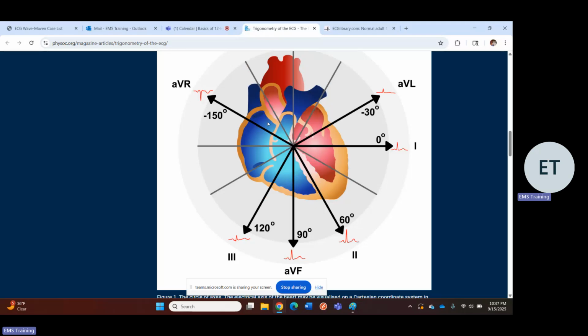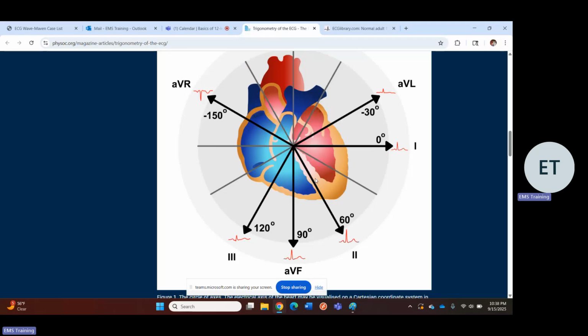So going back to V1 through V6, sorry. If V1 and V2 are like here, of course, I'm simplifying this for the sake of a visual cue. V1, V2, primarily the electricity is going away, which means those leads are going to be primarily negative because V1 through V6 are all positive leads. If it's going away from a positive lead, it's a negative deflection. If it's going towards a positive lead, it's a positive deflection.